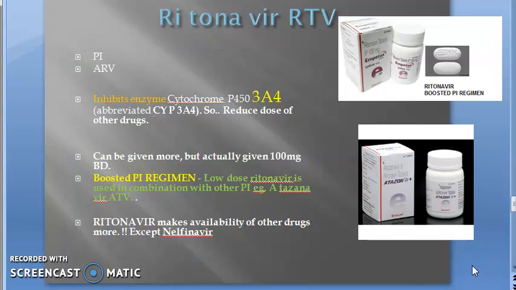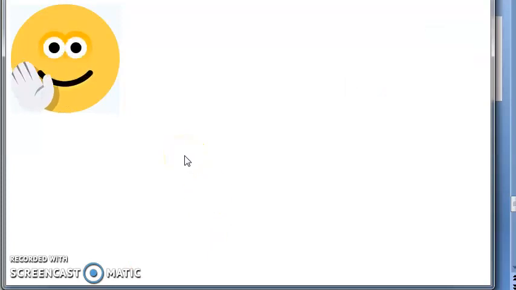Ritonavir, you have registered in your mind? Come on, let us take a recall. Tell me what is ritonavir. Ritonavir is a PI. It is an antiretroviral drug, a protease inhibitor. It is used in low dose with other PIs because there is something called a boosted PI regimen, because ritonavir has the capacity to inhibit the enzyme CYP3A4, that is cytochrome P450 3A4.